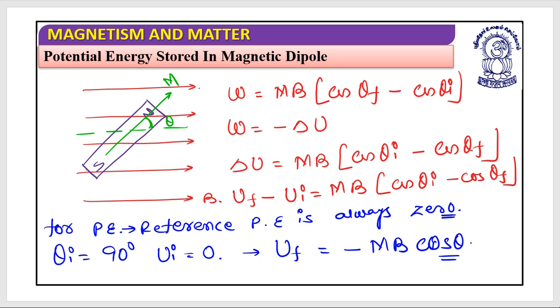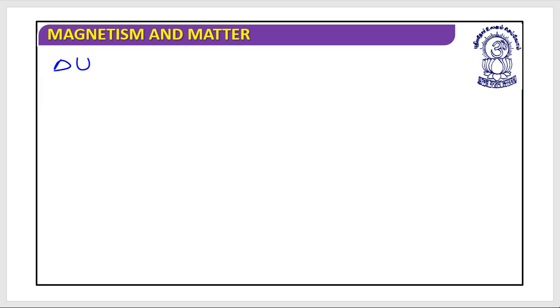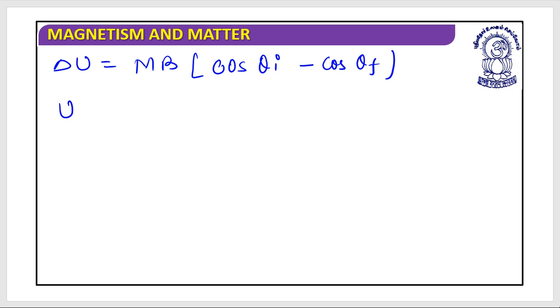One of them is delta U equals mB into bracket cos theta initial minus cos theta final, and another is U final or U only, which is minus mB cos theta. I hope this is clear. Yes, these two are the relations for the potential energy.